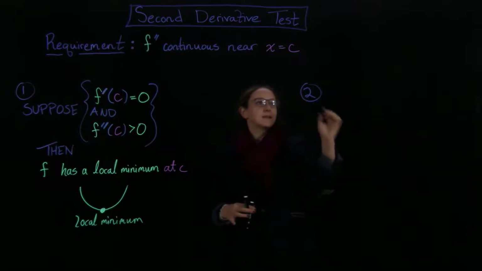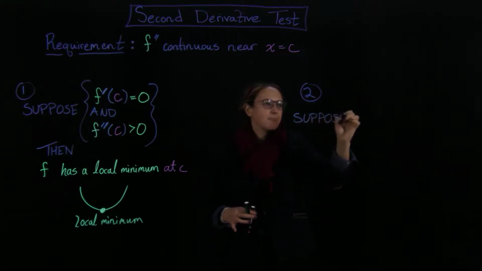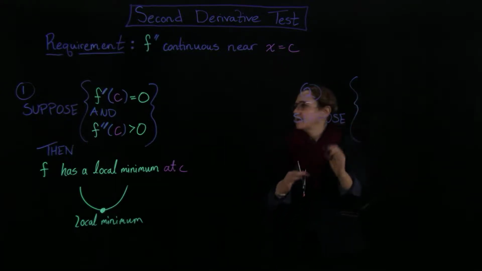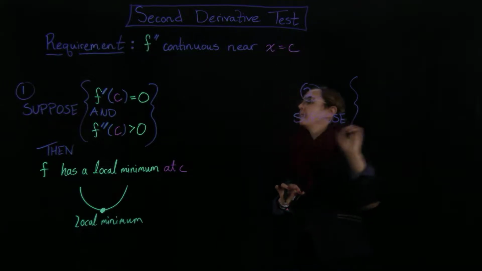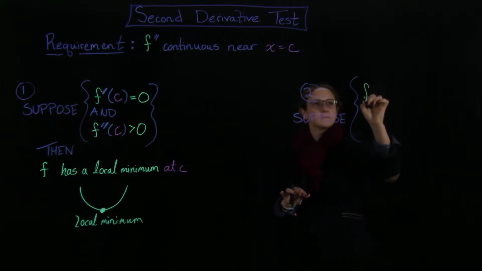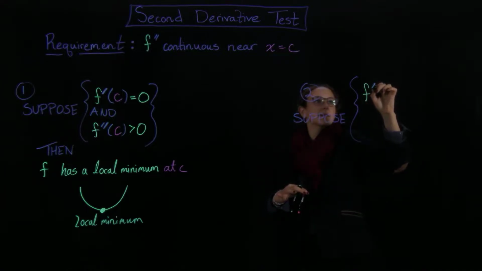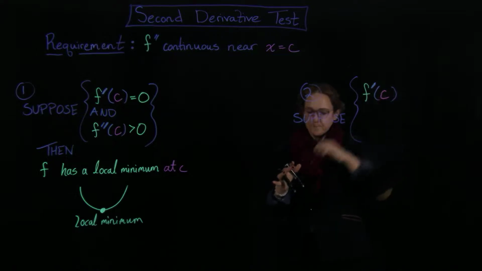So now let's look at the second circumstance. Suppose that I have that the first derivative is still 0. So I still need that this is going to equal 0.